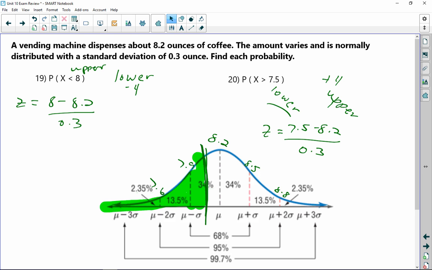Once I find my z values, then I just plug them into my table. Negative 2.33 on the one on the right. Okay, z, what is this one first? That one is negative 0.666, repeating. Okay, so I'm just going to use those two: 0.66 and the other one, negative 2.33. They're both negative. Yeah.